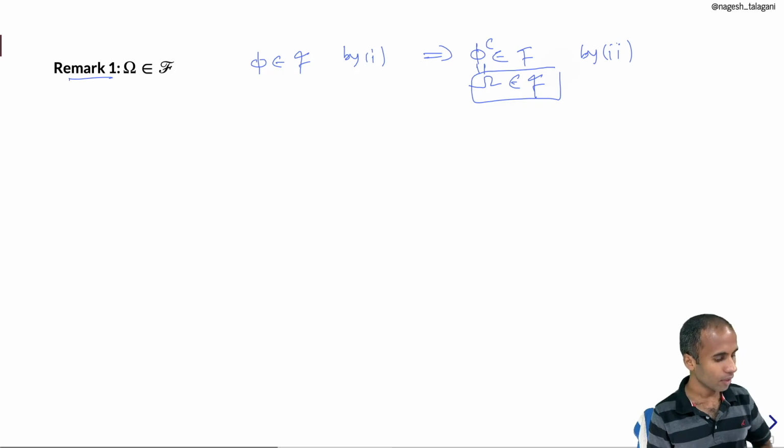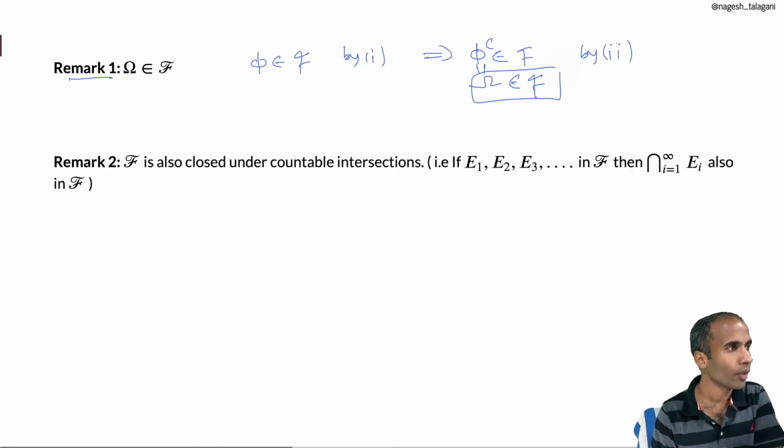Fine. Next, remark 2. The sigma field script F also will be closed under countable intersection.